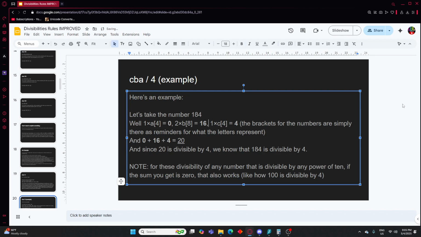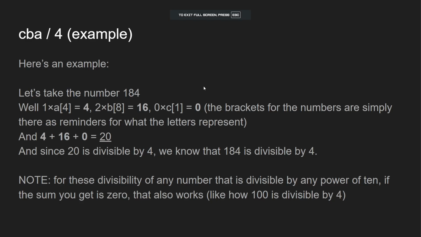So this is going to be 4. I just got my numbers mixed up, so sorry about that. There I go. And this is going to be in reverse order. So 4 plus 16 plus 0. So yeah, there we go. Okay, so sorry about that. I wrote it down in the wrong order and only noticed now.